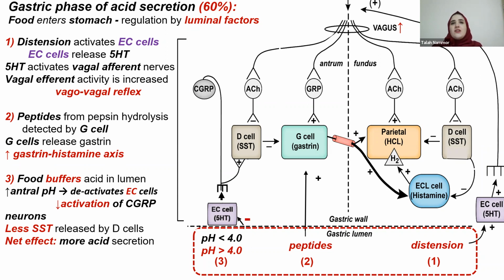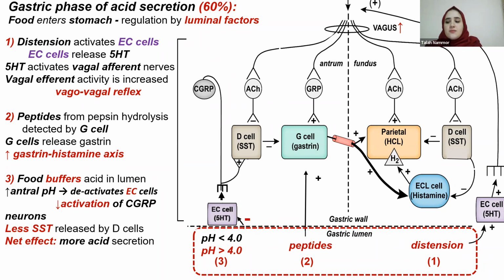I'm gonna explain this in the next lecture. But when we eat, our stomach will extend. It will distend, it balloons up with the food. Since it balloons up, this extension will activate the enterochromaffin cells, because they have mechanoreceptors.